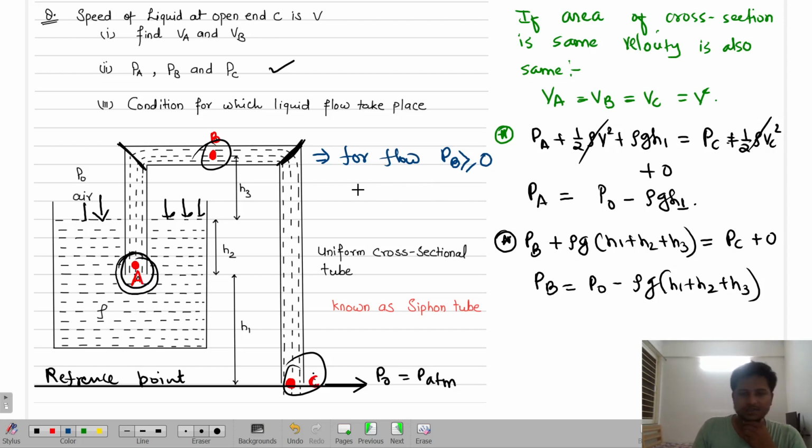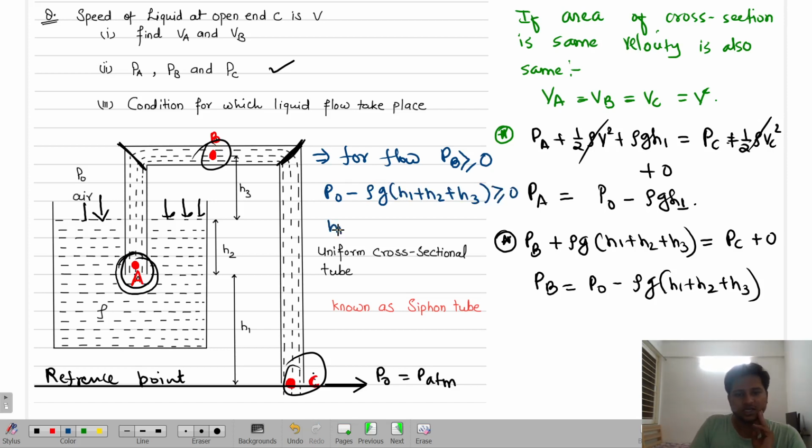You got the relation that P naught minus PB is given. P naught minus rho g (h1 plus h2 plus h3) must be greater than or equal to 0.